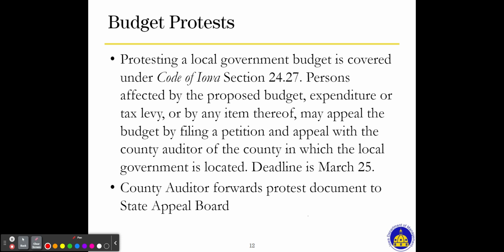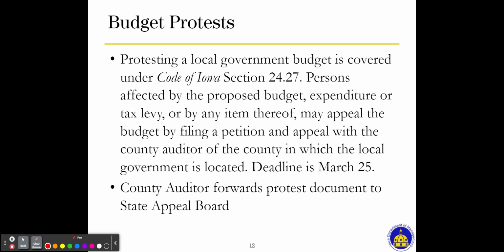The deadline for that submission of the protest document is March 25th of each year, so essentially 10 days after your budget deadline. So then they would file that petition with the county auditor. The county auditor would forward the document to the State Appeal Board, and the State Appeal Board, who is a 3-member body of the Director of Department of Management, State Treasurer, and State Auditor, that 3-member body would then work to schedule a local hearing on the matter.